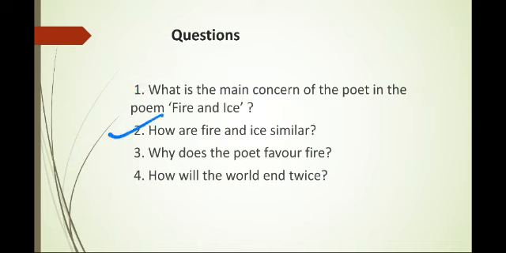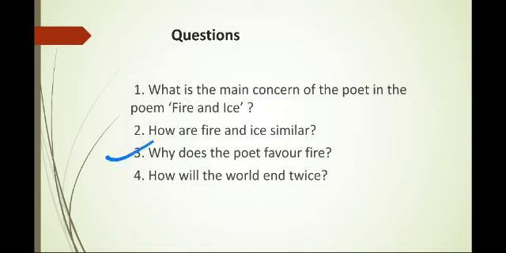Now, next is, how are fire and ice similar? In the poem, ice symbolizes hatred and fire symbolizes desire of human beings. The poet believes that though fire and ice have contradictory traits, they have the same quality to destroy everything on this earth.